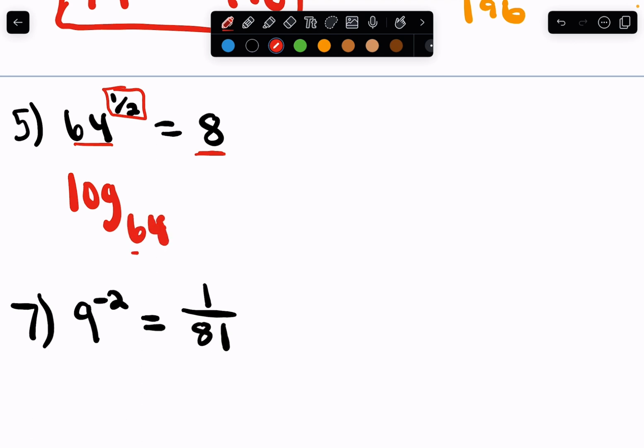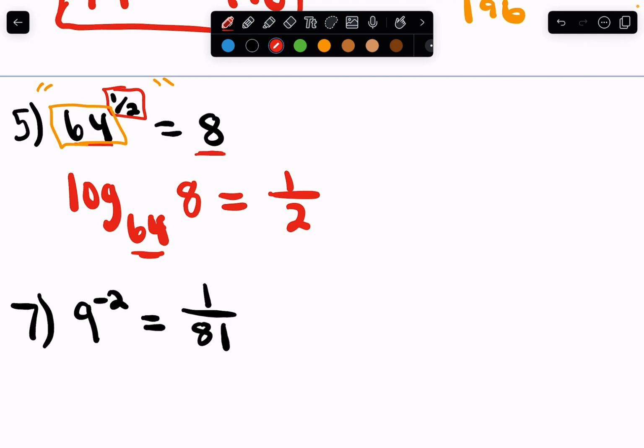Why is this 64? Because this is our base to our exponential term right here. So we have log base 64 of 8. I'll write this in red here. Of 8 gives us 1/2.